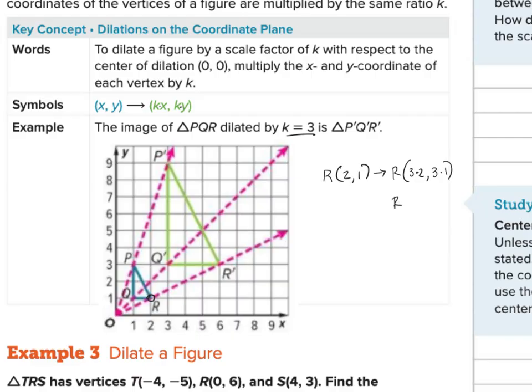So my new R prime should be (3, 6). And if I look here, that point is (3, 6). So that's how we can make that determination.